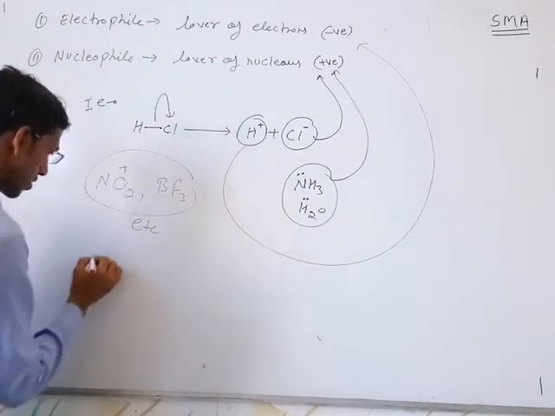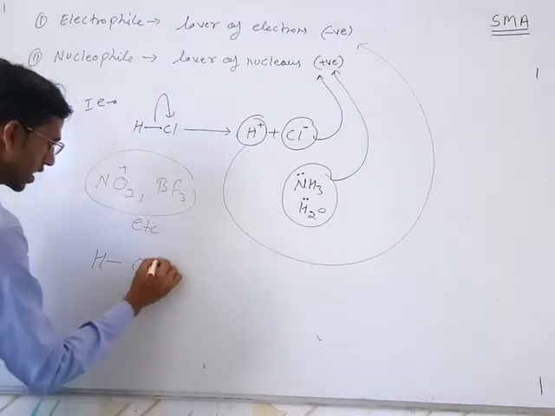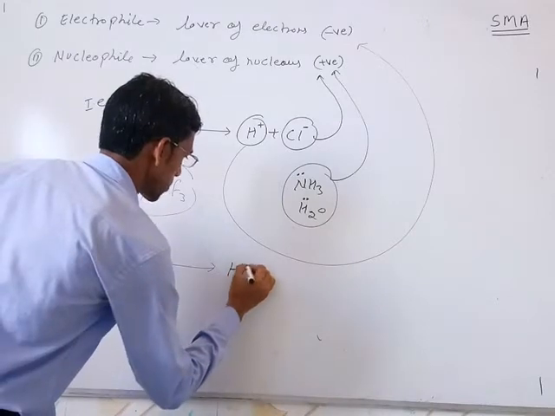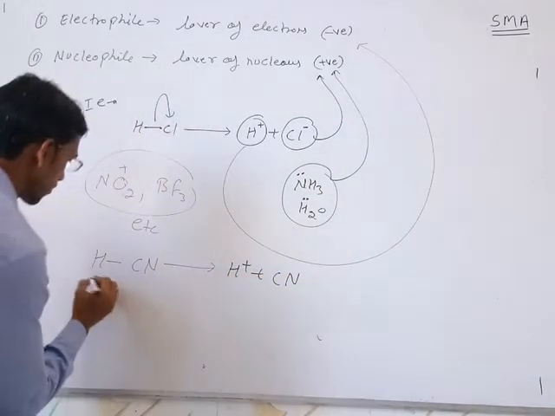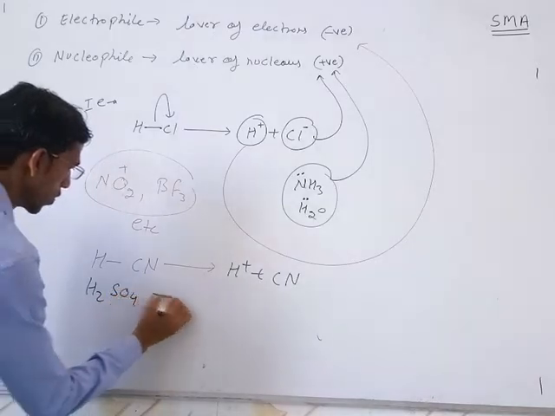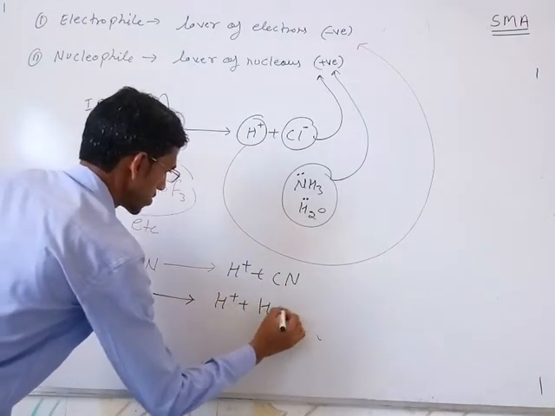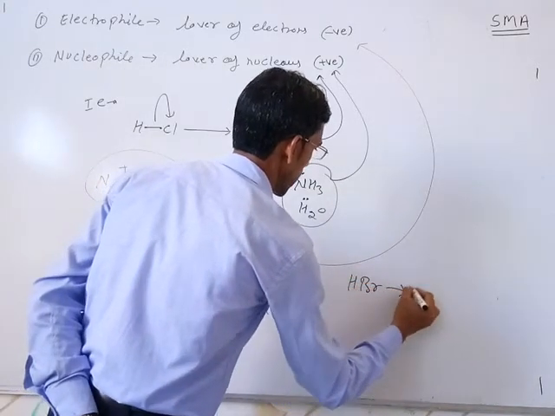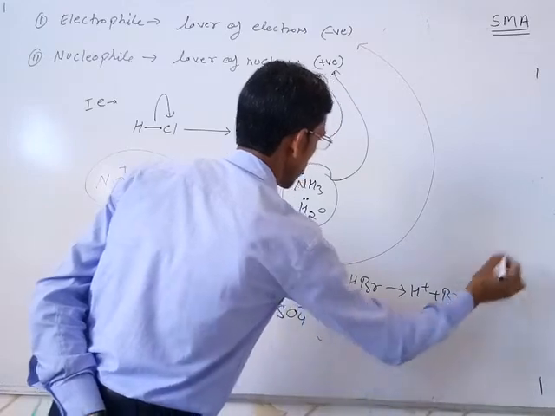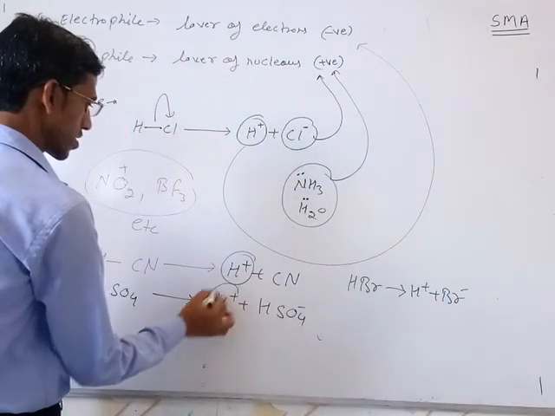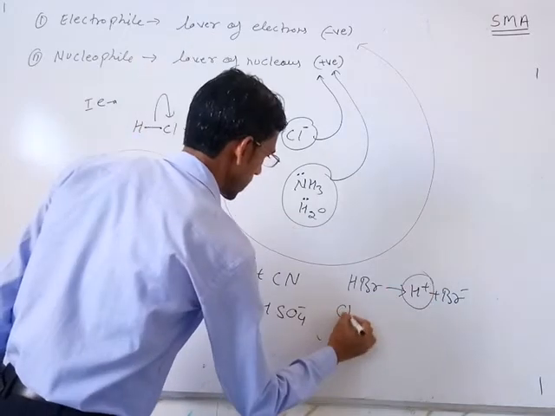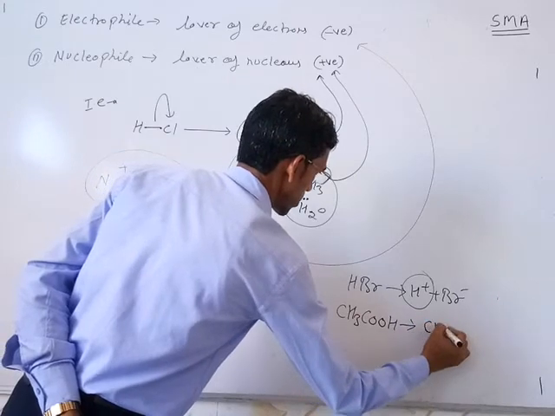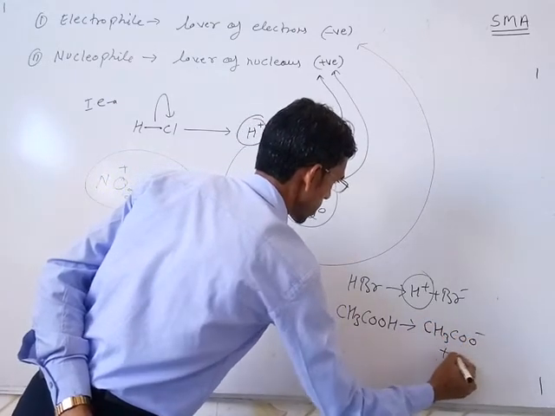Understood? More examples: HCN decomposes into H plus and CN minus; H2SO4 into H plus and HSO4 minus; HBr into H plus and Br minus; CH3COOH into CH3COO minus plus H plus.